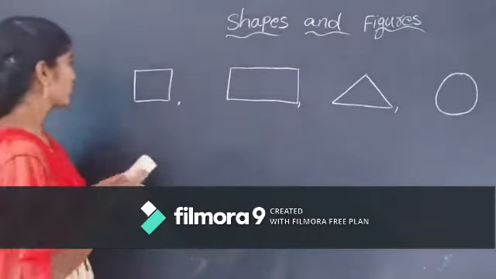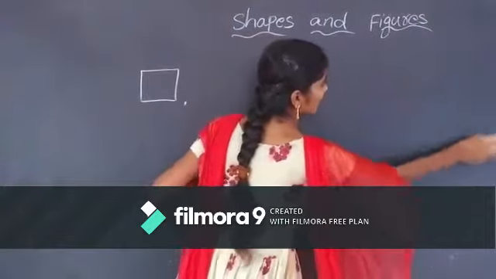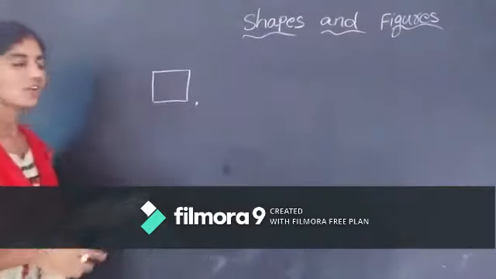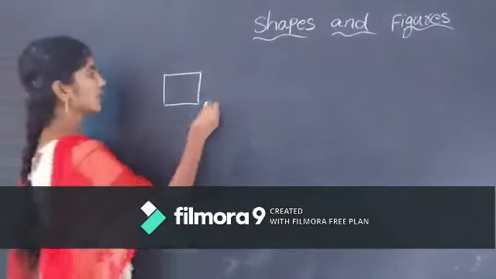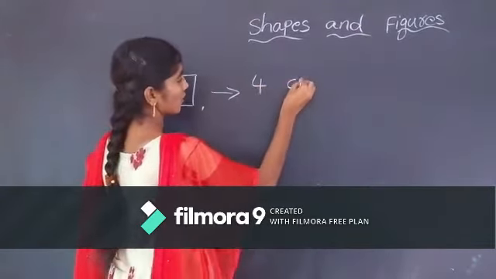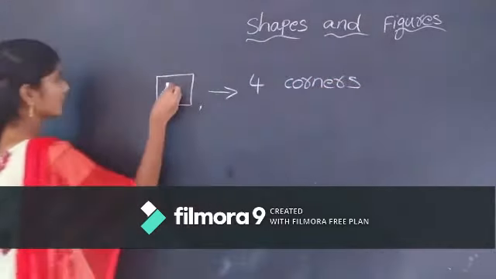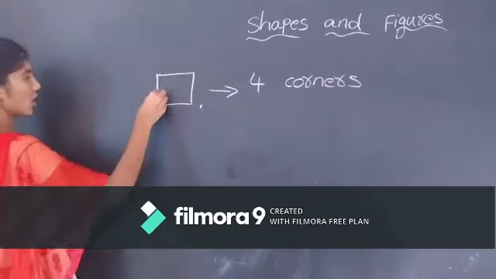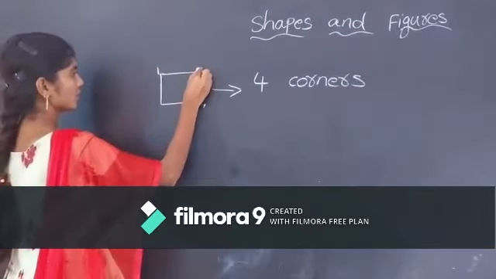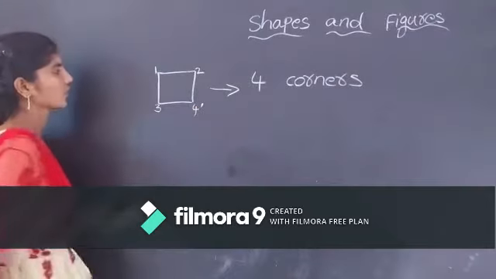Okay? First we will discuss square. What is a square and what are its properties? This is the square. It has four corners. 1, 2, 3, 4.